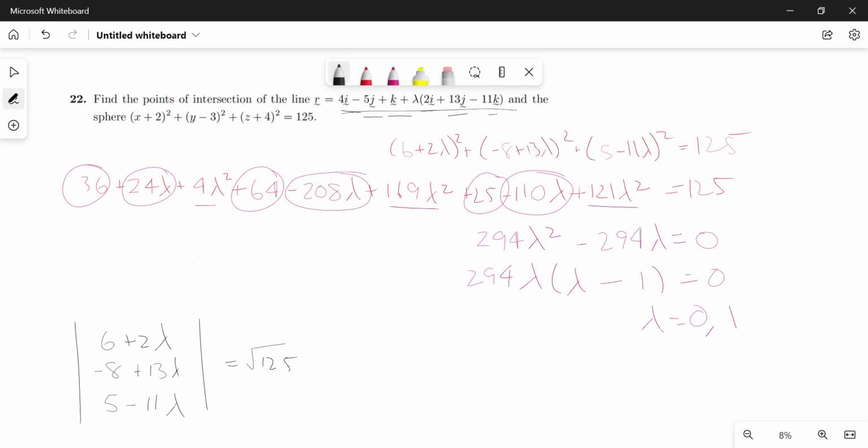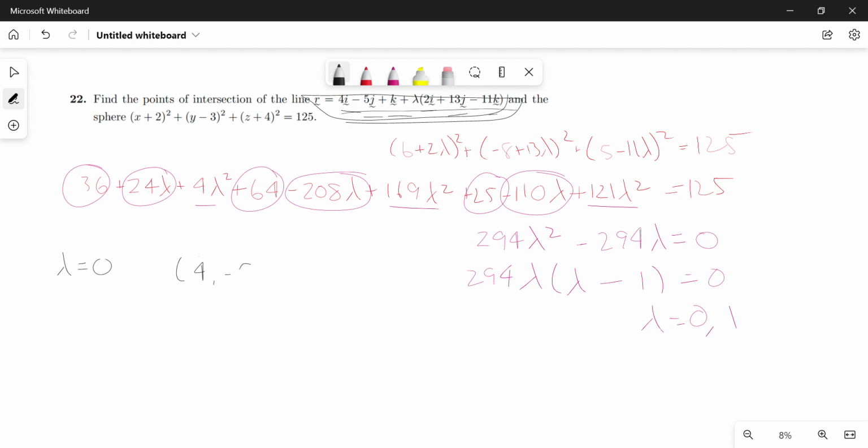So when our lambda equals 0, let's put that in our line to see what point that is. That gives us just our 4, -5, 1 point. What about when lambda equals 1?